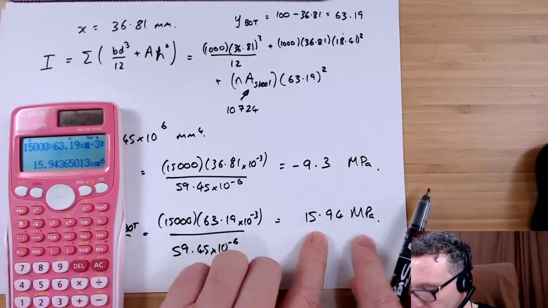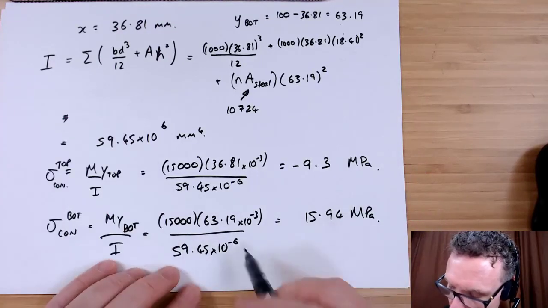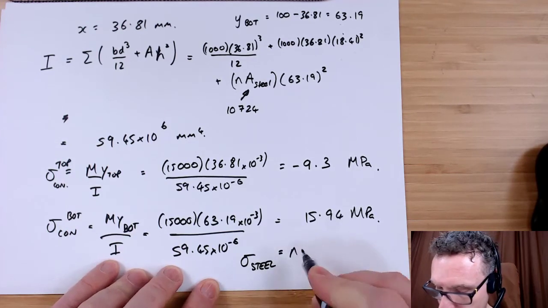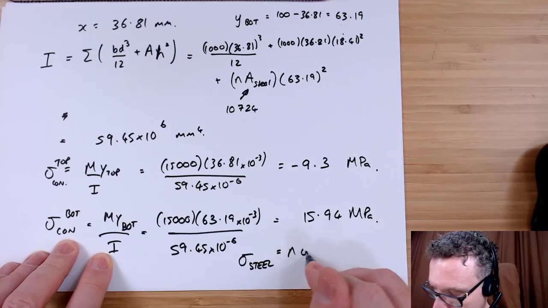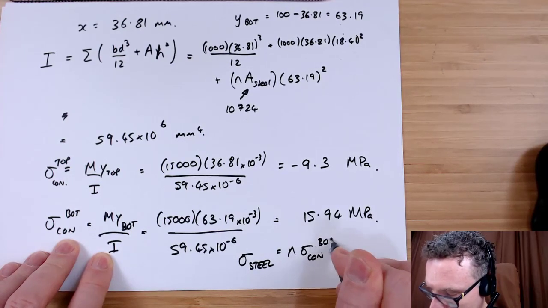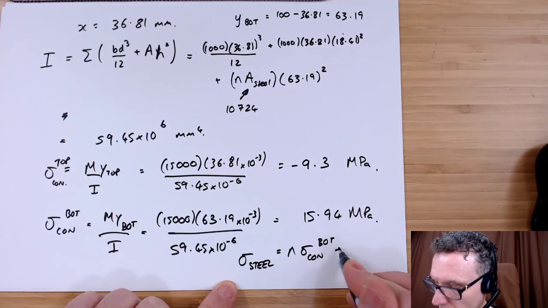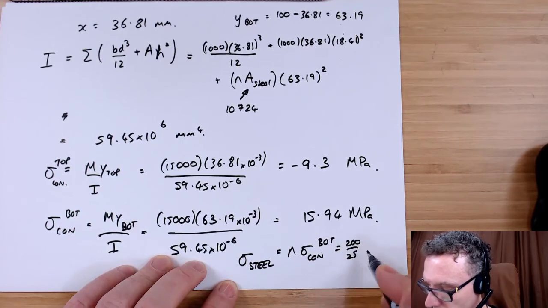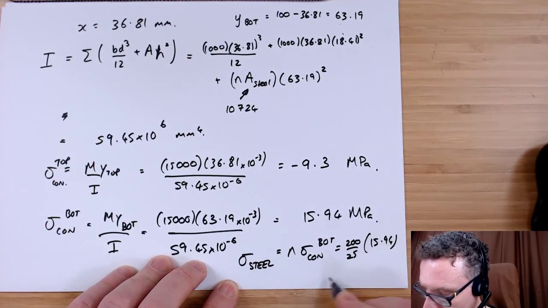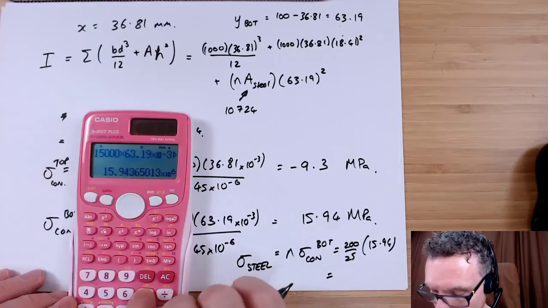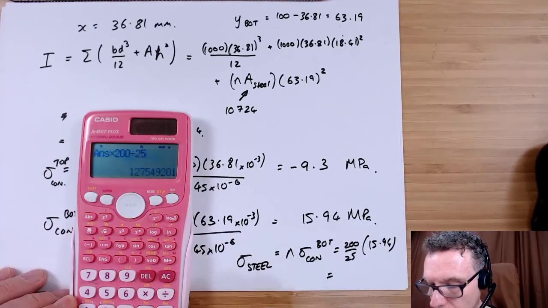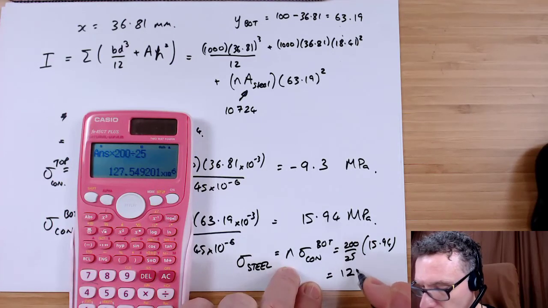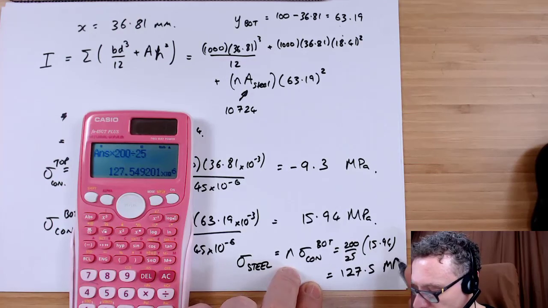So that will then increase this stress, and the stress in the steel will equal the stress in the concrete at the bottom times by the n factor, where the n factor is 200 divided by 25. So that then becomes 127.5 megapascals.